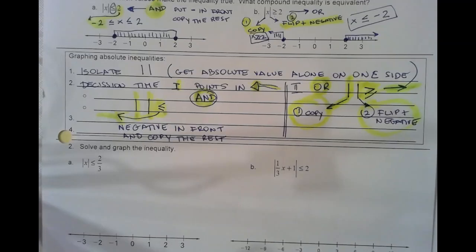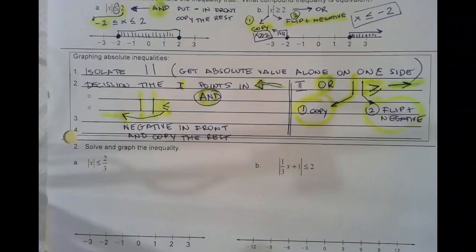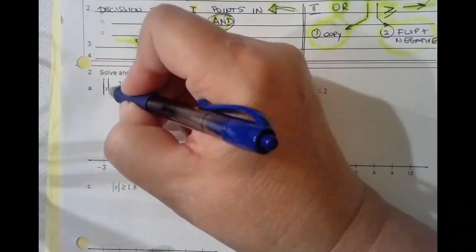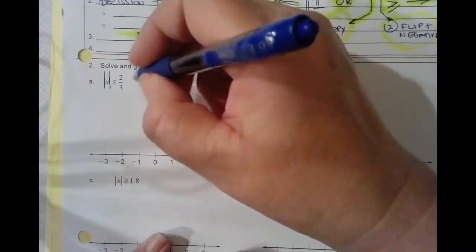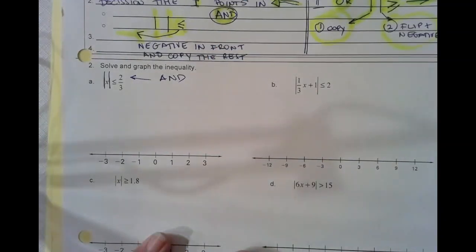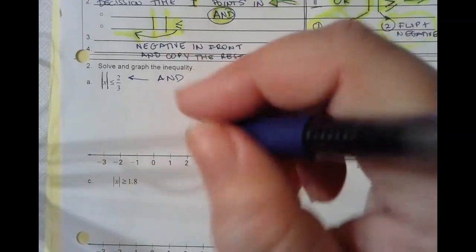Let's see what this would look like. Look at the first example and notice that we need to make a decision. The absolute value is by itself, so I can proceed. My arrow is pointing in, so it's an and statement. In an and statement, I move the negative in front.